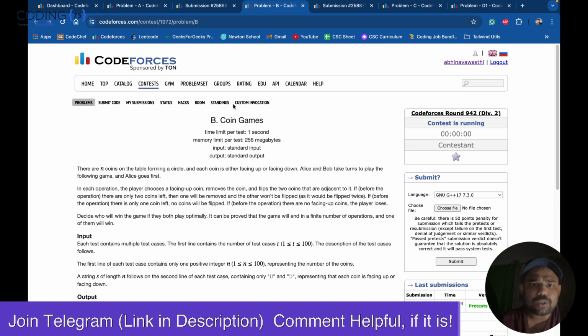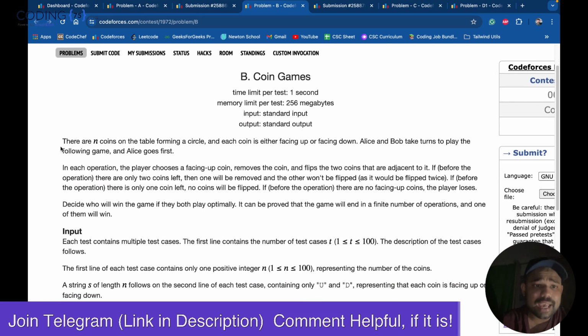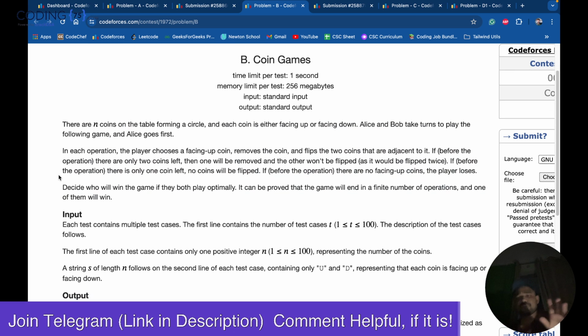What this problem B, coin games, says is that there are n coins on the table forming a circle, and each coin is either facing up or facing down. Now when one person picks a coin, that coin will be removed, and one can only pick a coin that is facing up.